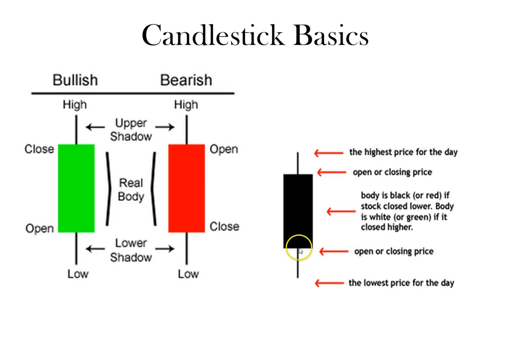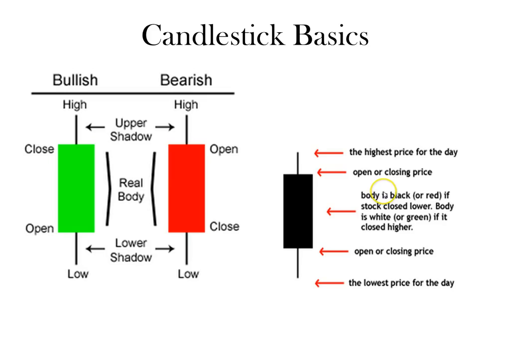So this is your open or closing price, depending on what type of candle it is. Remember, your bullish candle opens at the bottom, while your bearish candle opens at the top. So that's your open or close, and then this is your open or close. This is just showing you more definition of the actual candle: the highest price for the day, the lowest price for the day, and then a body that is black or red if the stock closed lower.